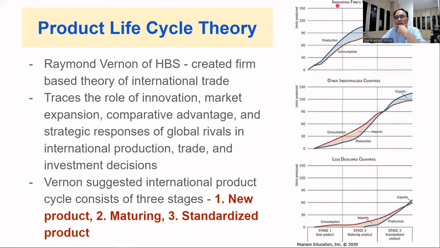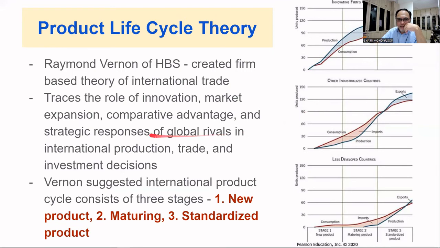If we look at innovating firm countries first, you can see that the first stage is a new product. You just produce and consume. Then in the maturing stage, they will export, and during the standardized stage, there will be a lot of imports back to their own country when it is a standardized product.